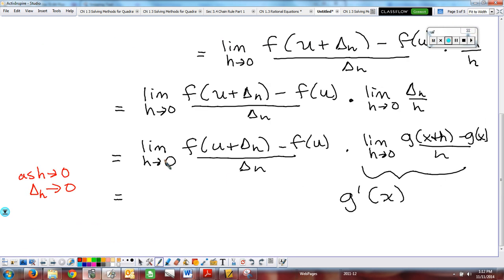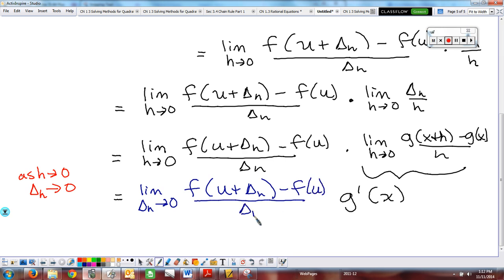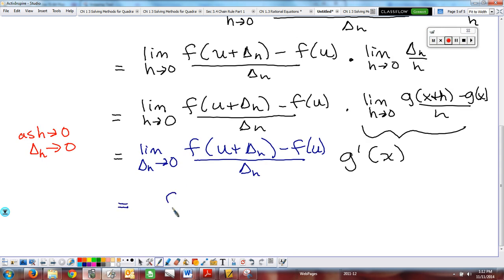So we can pretty much take this out and think of this as the limit as delta h goes to 0 of f of u plus delta h minus f of u over delta h. And that is exactly the definition of the derivative, f prime of u.